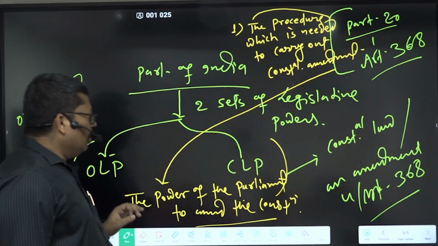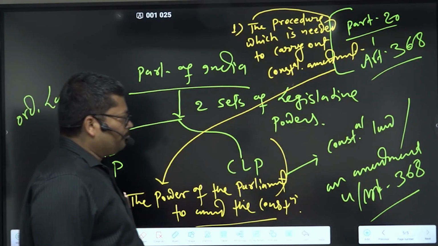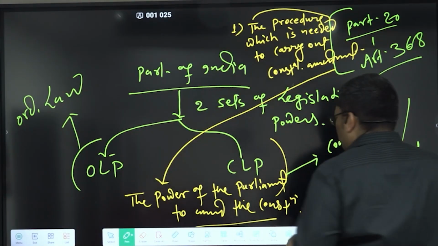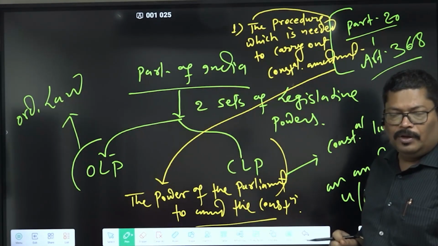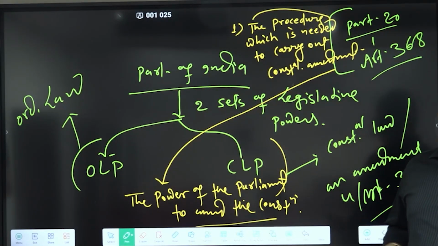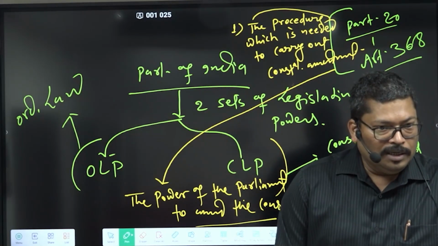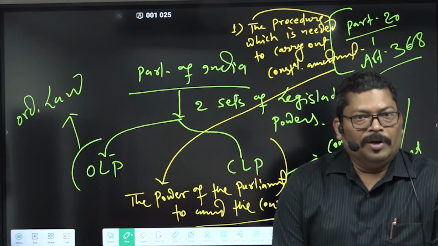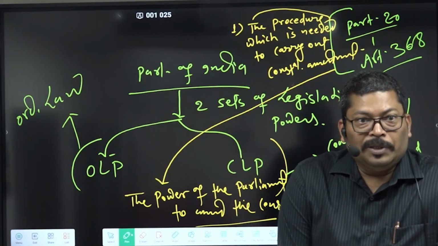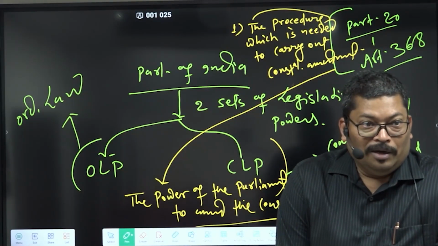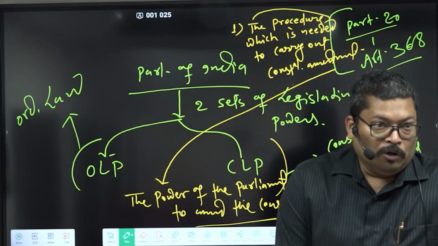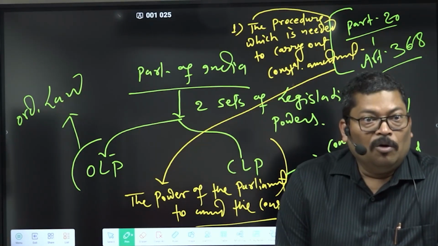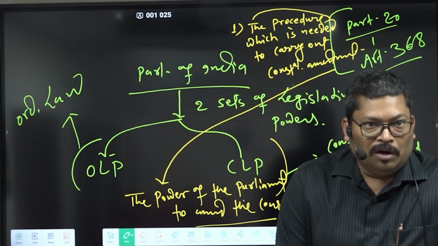That's it. Okay. So if you look into the procedure which is required to be followed while carrying out constitutional amendment, that procedure is slightly difficult. So Parliament needs to apply a special majority while passing a constitutional law, or in other words, while carrying out constitutional amendment.